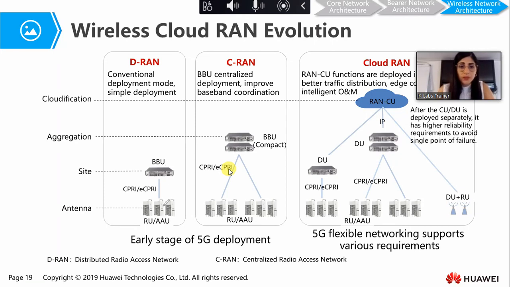And as a communication protocol, we can use the CPRI or the enhanced CPRI. CPRI is the Common Public Radio Interface, which now with 5G is enhanced because we have to support more throughput based on enhanced mobile broadband applications.